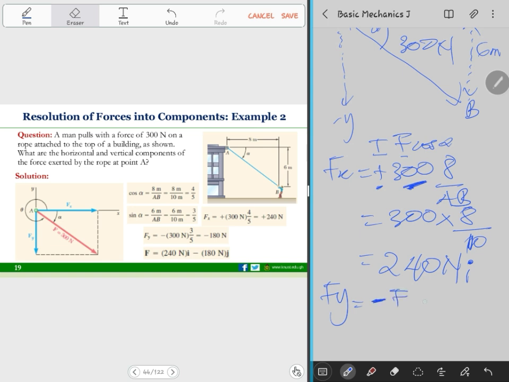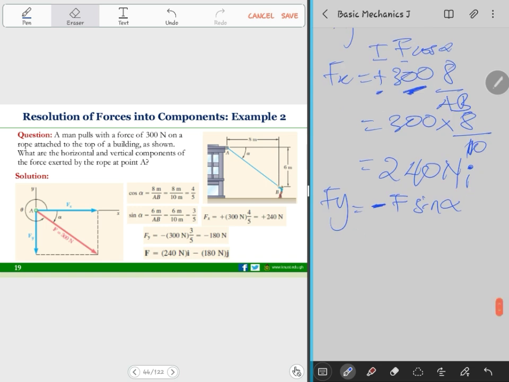And then we have the force, and then the sine and the angle. So no negative, the force is all 300. F is 300, and then we have sine theta, so sine alpha. Sine is opposite over hypotenuse. This angle's opposite is the 6, so 6 over the hypotenuse.